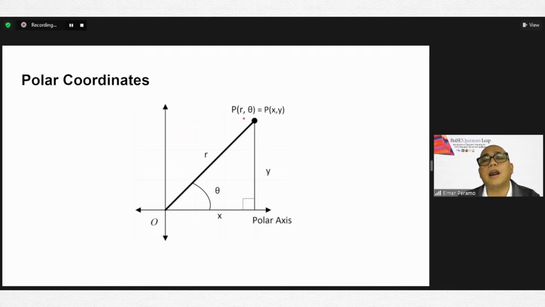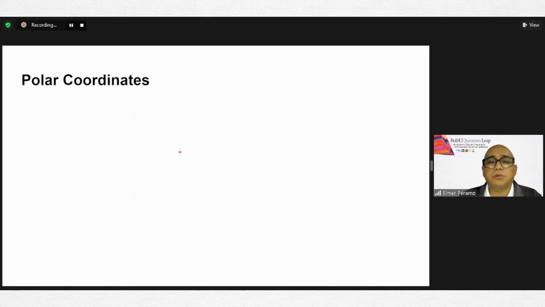It's represented by r, the radius or distance from the origin, and theta, the angle it makes on the horizontal x-axis. There are some advantages of using polar coordinates over rectangular coordinates. If we want to change from one to the other, the formula is easy.